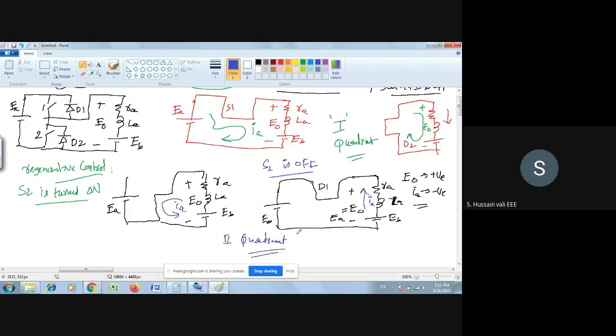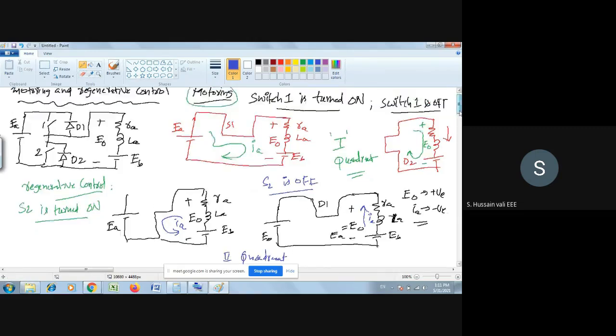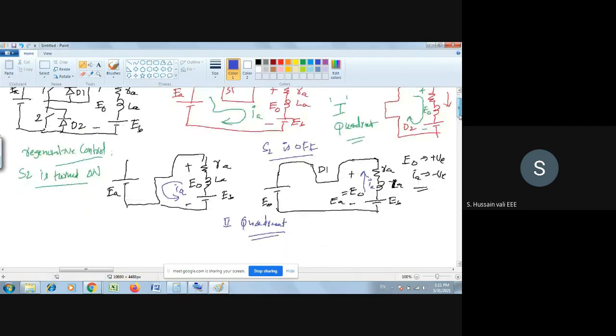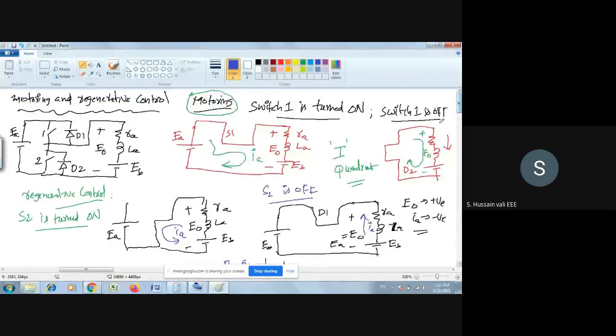So first quadrant, second quadrant. In the second quadrant it is behaving as regenerative braking. So the one simple circuit diagram has both motoring and regenerative braking.